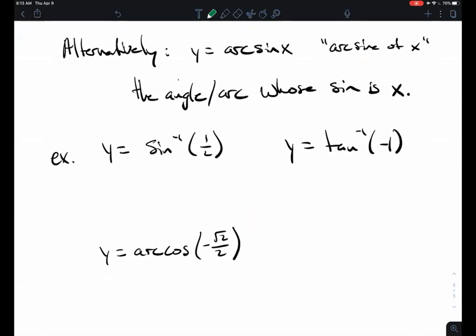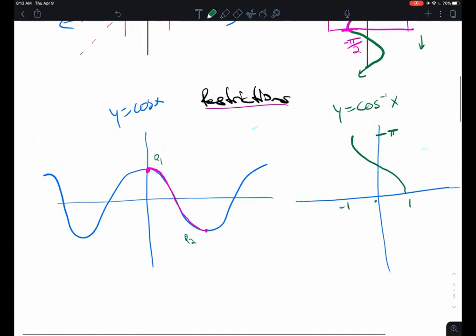Another way to write the inverse is what's called arc sine or arc cosine, arc tan. It just means inverse sine. Because what we're doing when we switch x and y and solve for this inverse is, well, in the original function, let me go back up here, I would plug in x's to get y's.